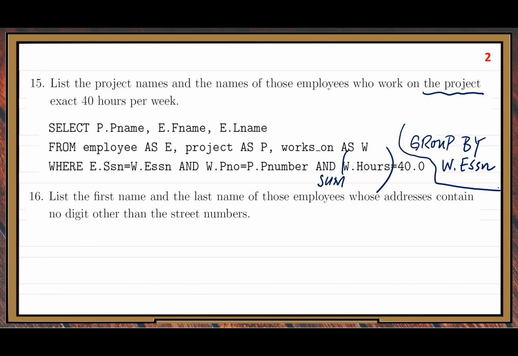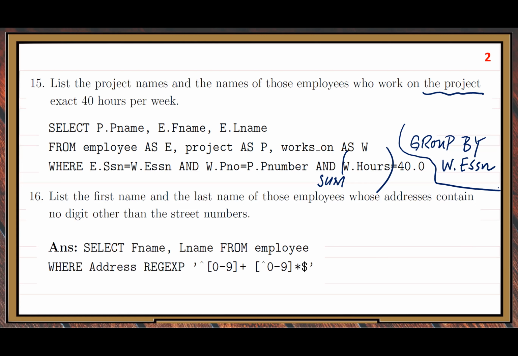Next question. List the first name, last name of those employees whose addresses contain no digit other than the street numbers. Street numbers, you can use digits, but after the street number, the remaining part of the address, you cannot have any digit. So one way you can do a regular expression first, this is the street number part.